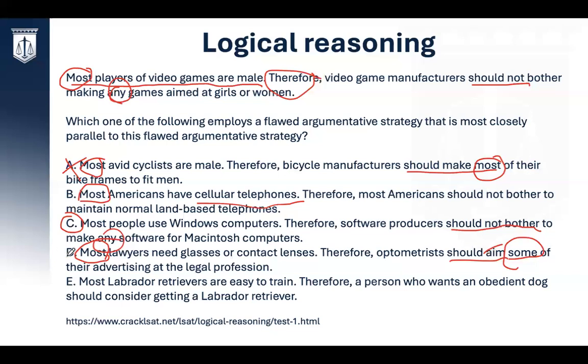So it's not quite the same, so we're going to cross that one out. And hopefully you see how it's not the same kind of proof. It's saying what optometrists should do, and it's with some, whereas our example means don't make any games for women, versus some advertising towards the legal profession.